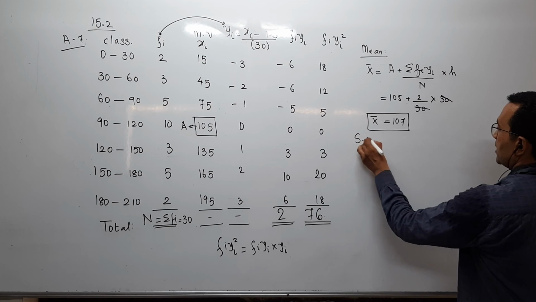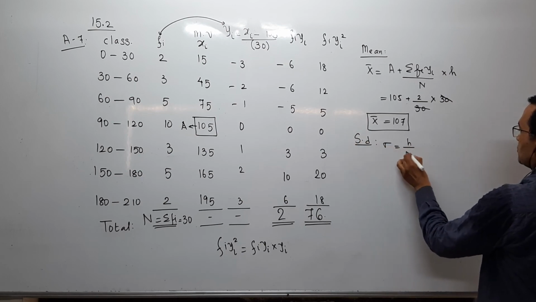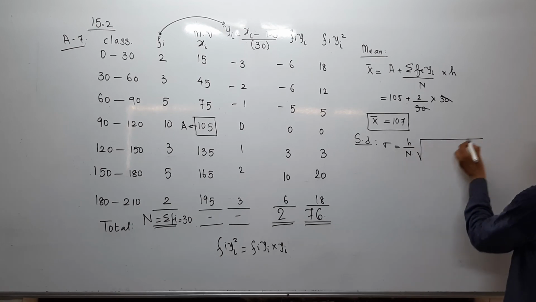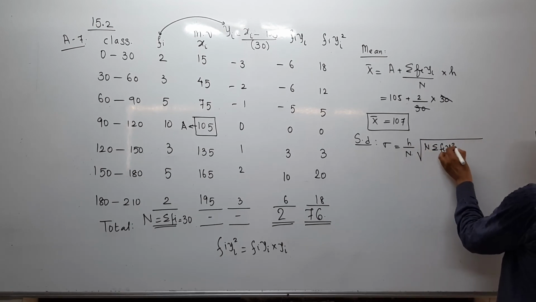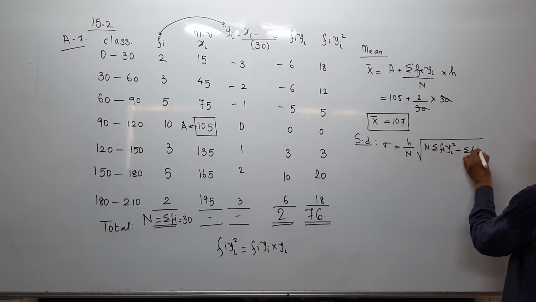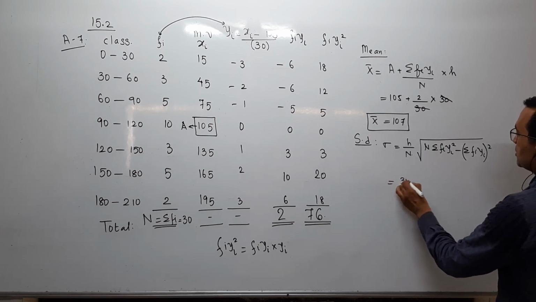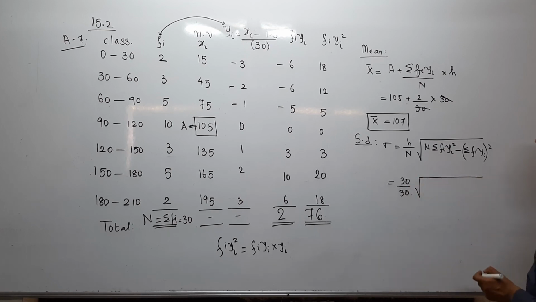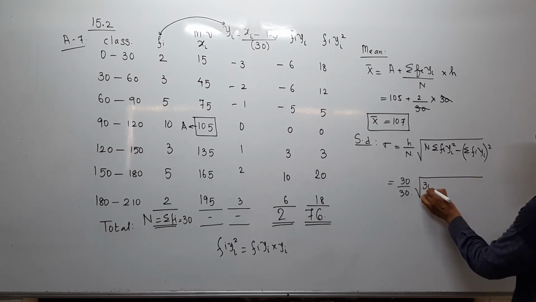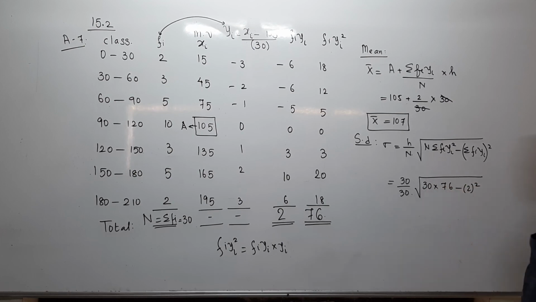Now students, we are told to find variance. First of all, I will write the formula of standard deviation. Sigma is equal to h by n into under root of n sigma Fi yi square minus sigma Fi yi, the whole square. So h is 30, n is 30, sigma Fi yi square is 76, sigma Fi yi is 2.